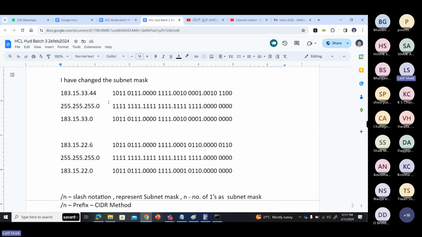I changed it. We can see these systems cannot communicate with each other because their network IDs are different. See, the network ID is different from this to this. I just changed the subnet mask.